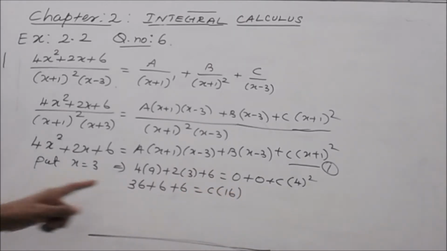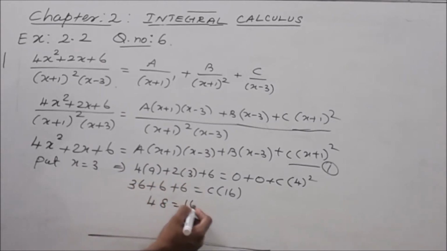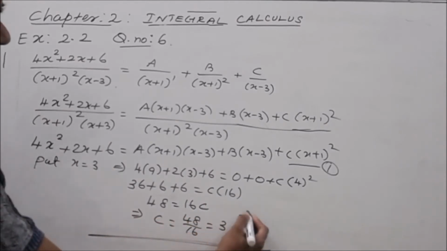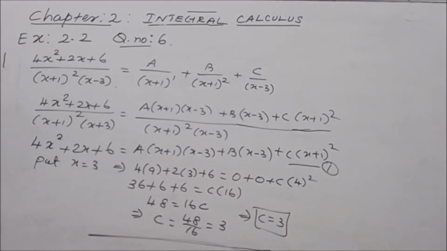Adding these values, 48 = 16C, which implies C = 48/16 = 3. Now we found the value of C.